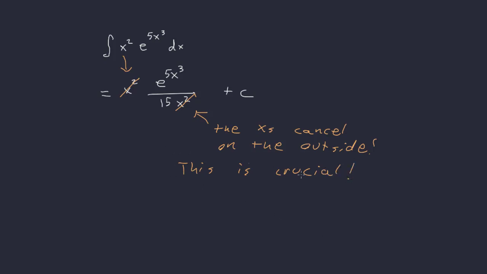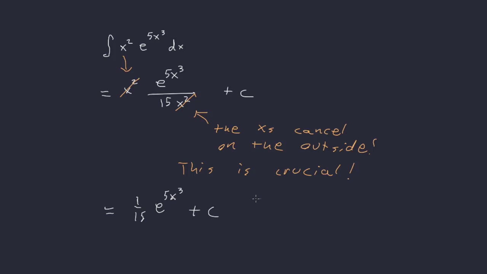Okay? So when we rewrite this, you'll notice that I could take that 15 on the bottom out and once again get 1/15 e to the 5x cubed plus c. Now, if you don't like this, that's fine. You can always just do a normal U substitution.